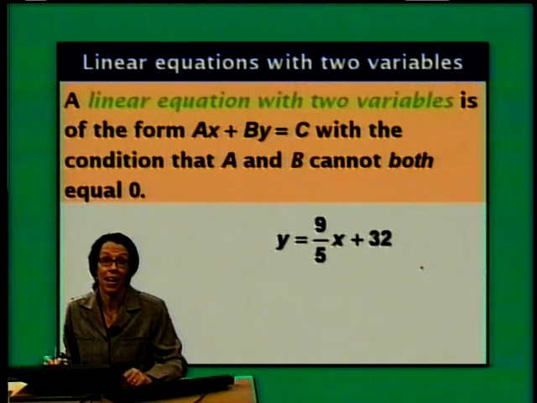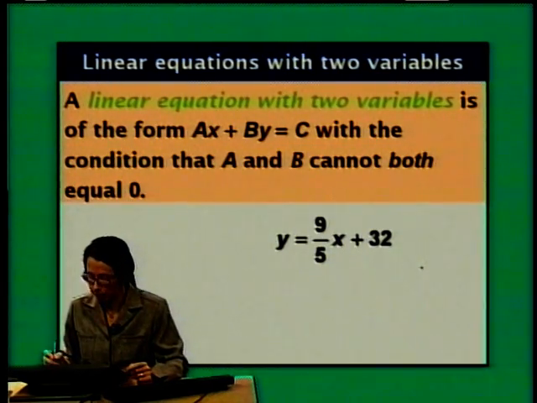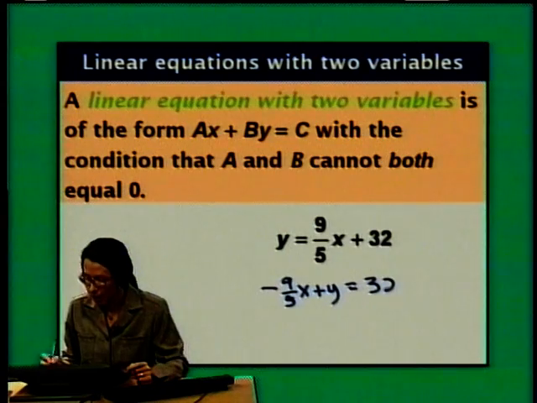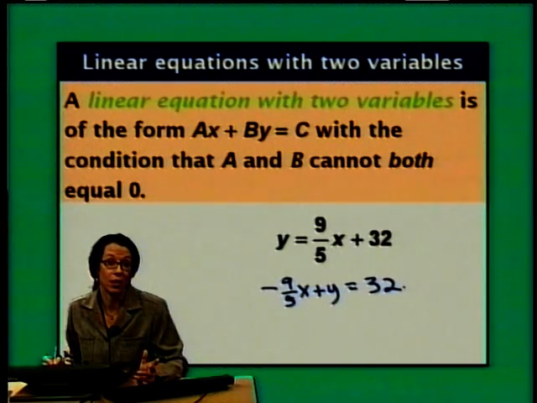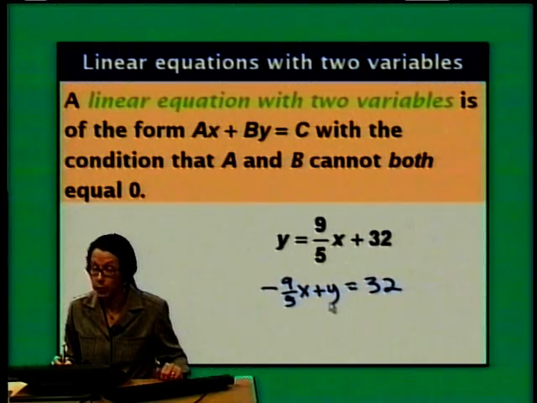And in fact, I have an equation with the same solution set. Now this is not quite in the form given in the definition, but if I subtract 9/5 x from both sides of the equation, I can now see that this equation is in the form given in the original definition. A equals negative 9/5, B equals 1, C equals 32.